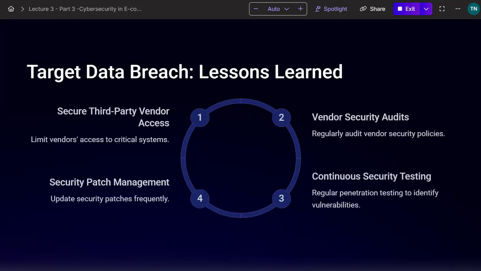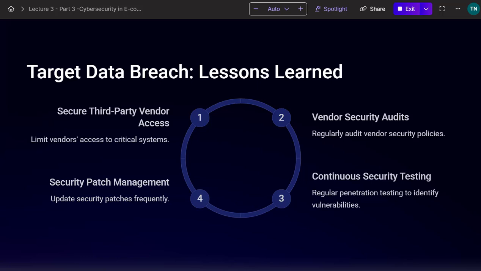So, the lesson we learned from the Target data breach. The Target data breach was a major security incident that exposed the importance of securing third-party vendor access to critical systems. It's crucial to limit the access that vendors have to your company's sensitive data and infrastructure. Carefully control and monitor their activities.